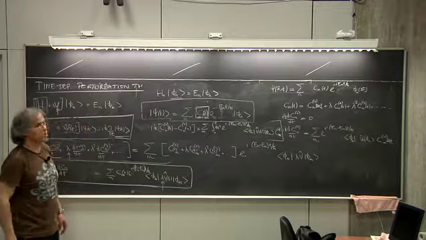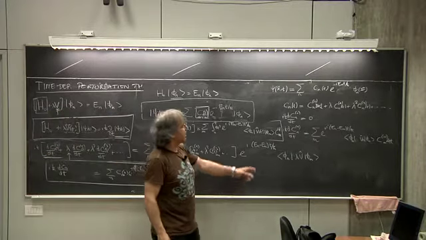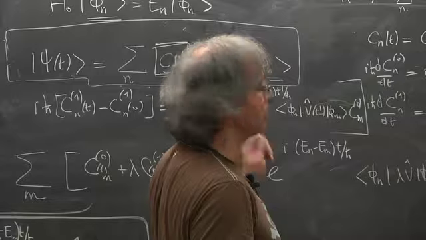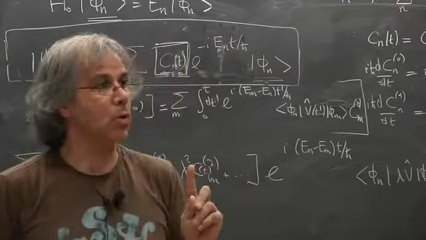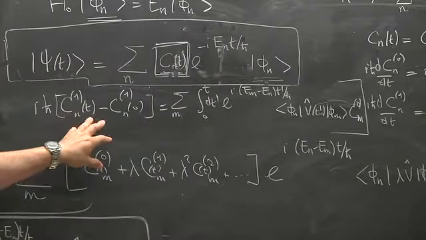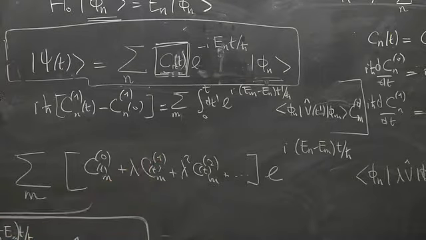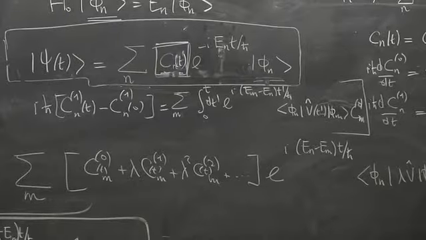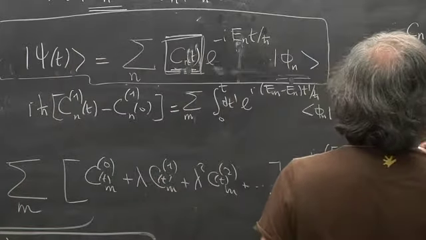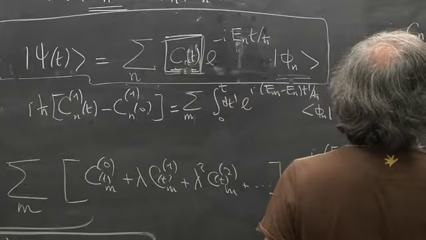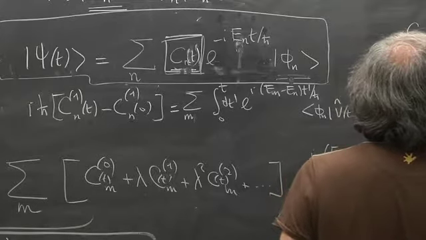So I know everything on the right-hand side, and I calculate this integral, and I get C1. In principle, I could now finish calculating the C1, plug it on the right-hand side, and, well, maybe I should first point out the second-order term. The i h bar derivative of C2 n over time equals the sum over m.